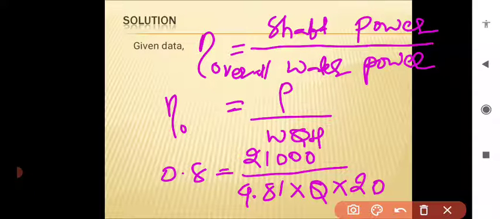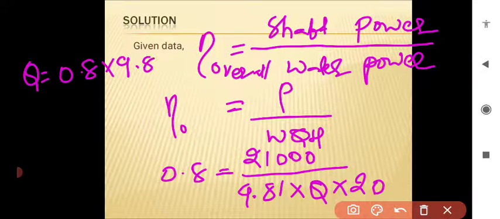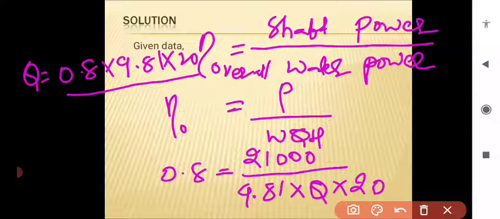So from this we will get Q is equal to 0.8 into 9.81 into 20 by 21,000.